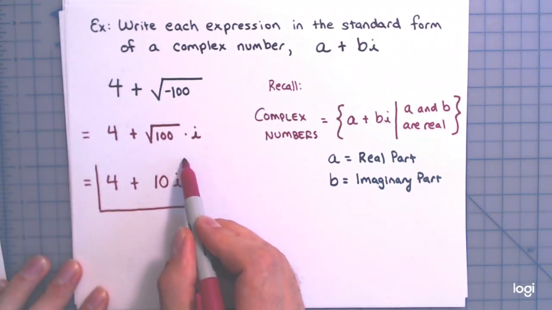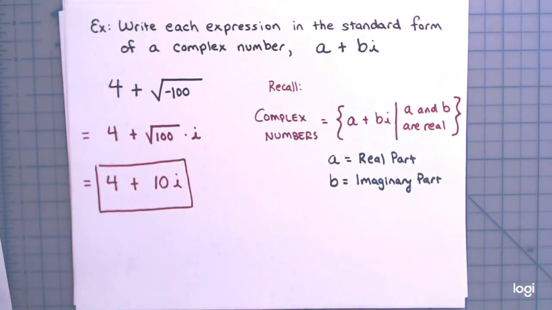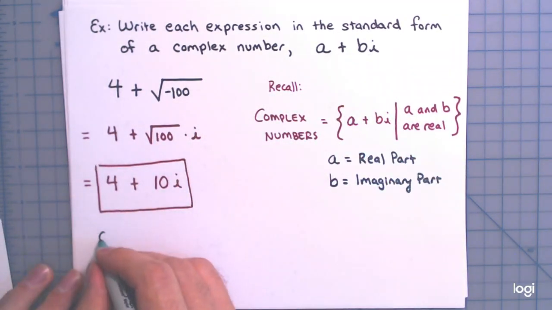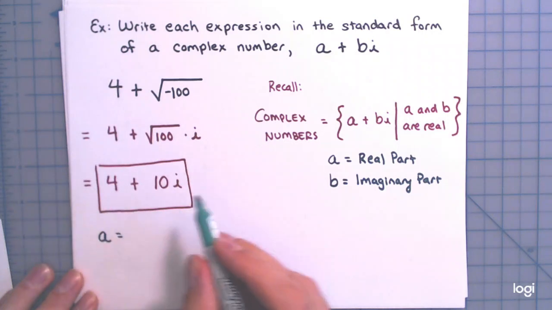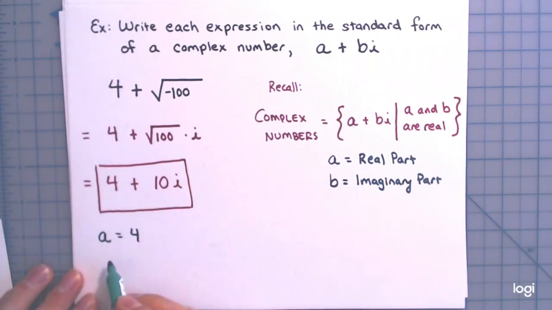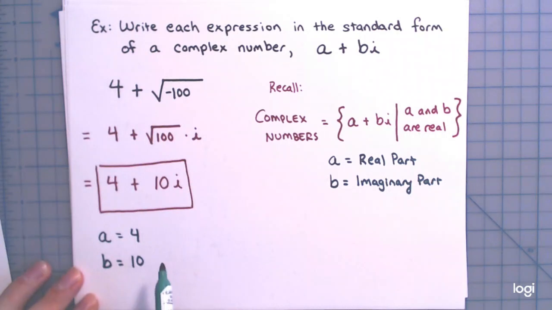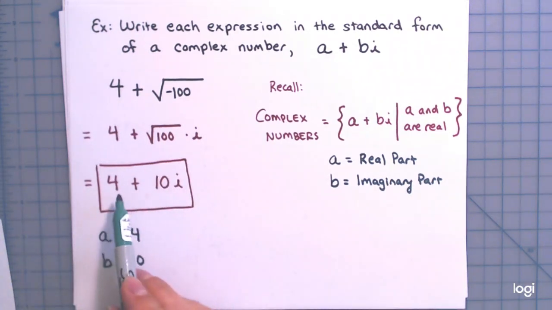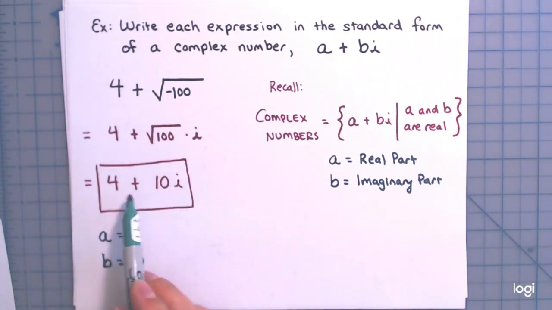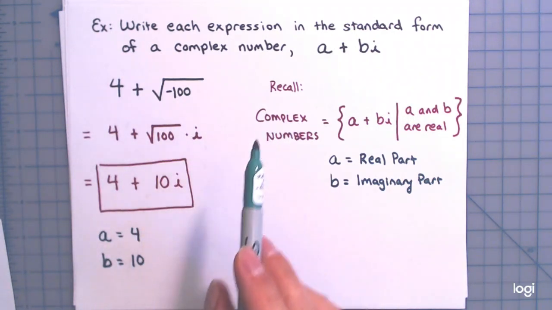Nothing can be combined. And this is in this form where the value of a, the real part of the complex number, is 4, and the value of b, the imaginary part of the complex number, would be the 10. A plus bi, 4 plus 10i, a real number plus a pure imaginary number, making a complex number.